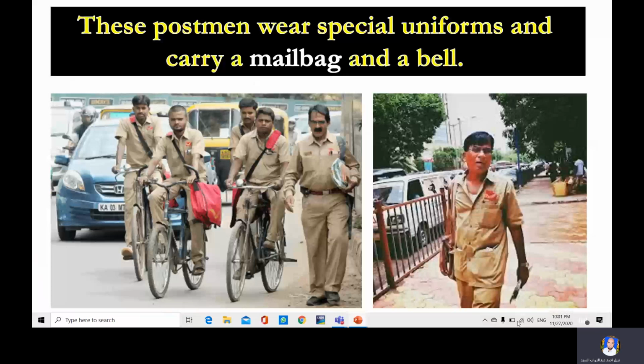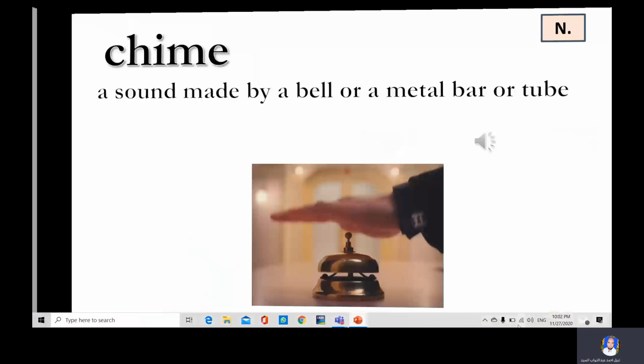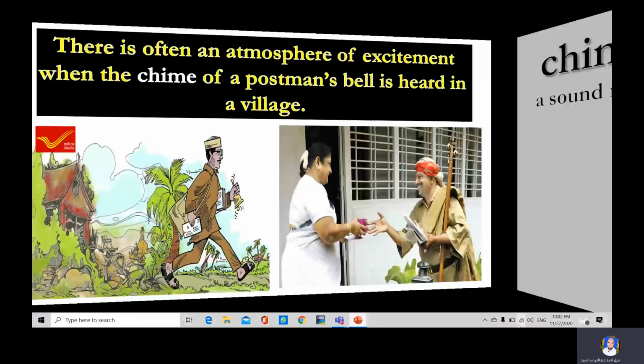Chime. A chime is another name for the sound of the bell. A chime means a sound made by a bell or a metal bar or tube. He is pressing the bell to make a chime. There is often an atmosphere of excitement, happiness when the chime of a postman's bell is heard in a village.